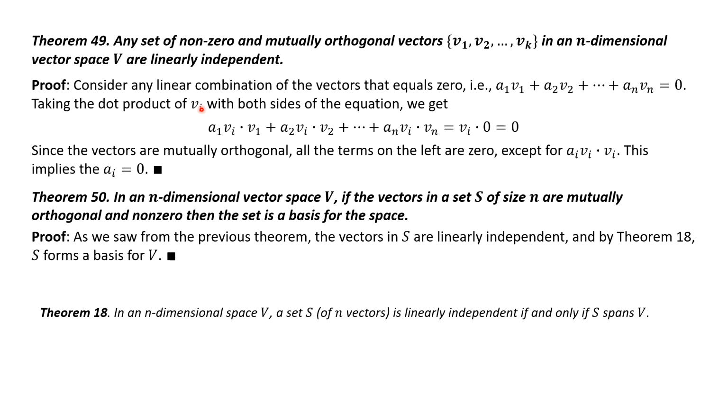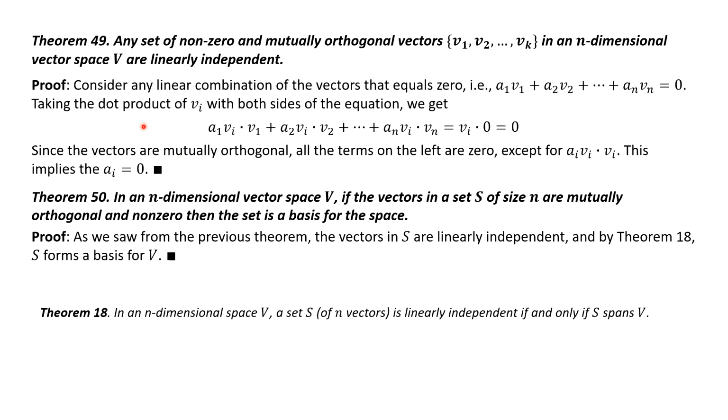Take the dot product of v sub i with both sides. Since we assumed they were orthogonal, all the terms drop out except for this term here. And then we have this equals 0, and then we can just divide this scalar into 0, and that implies that a sub i equals 0. We can do that for any v sub i.